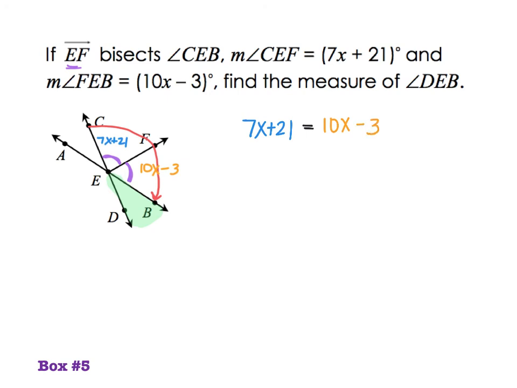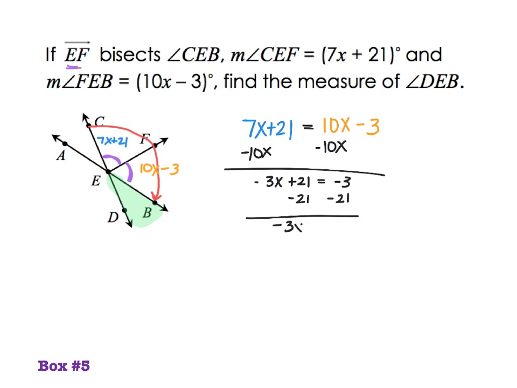So we're going to subtract 10x on both sides. We get negative 3x plus 21 is equal to negative 3, minus 21 on both sides. We get negative 3x is equal to negative 24. Divide both sides by negative 3.